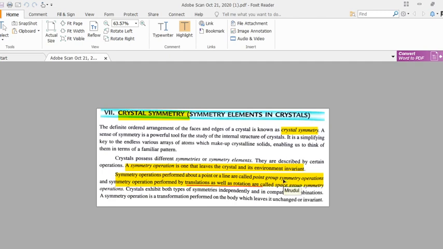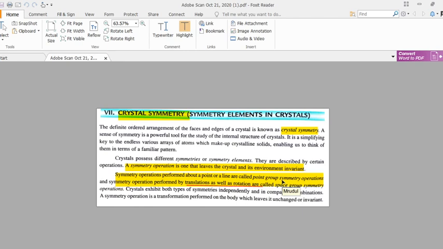When you do any kind of operation on your cubic setup, such as rotating by 90 degrees, you may not be able to distinguish the first situation from the second because they look exactly identical.